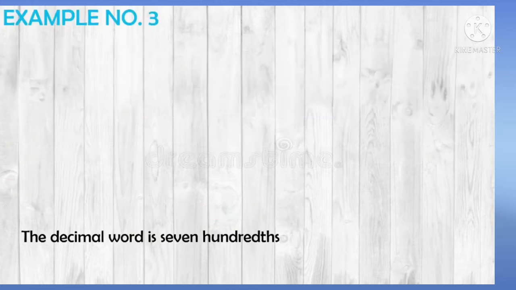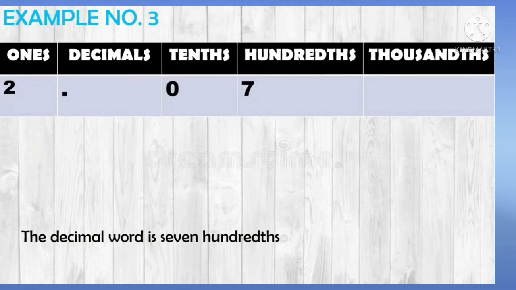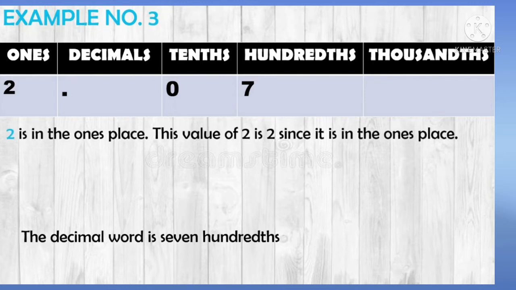Okay? Example number 3. So we have 2.07. Okay? Let's see. 2 is in the ones place. The value of 2 is 2 since it is in the ones place. So our whole number is 2.